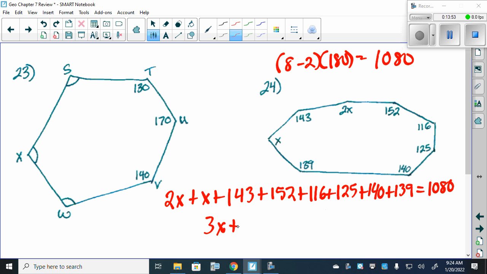Because adding the variables together is not that bad. It's 2x plus x is 3x. 143, 152, 116, 125, 140, and 139 all add together to be 815.